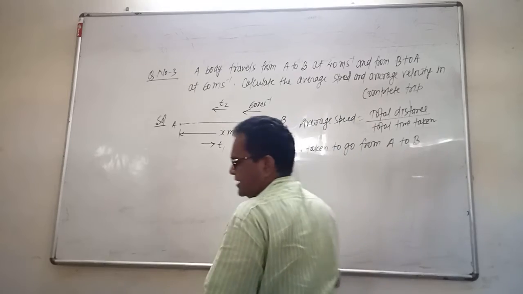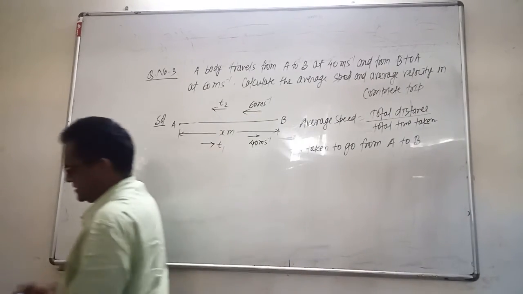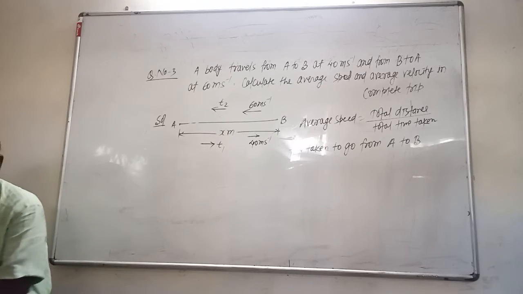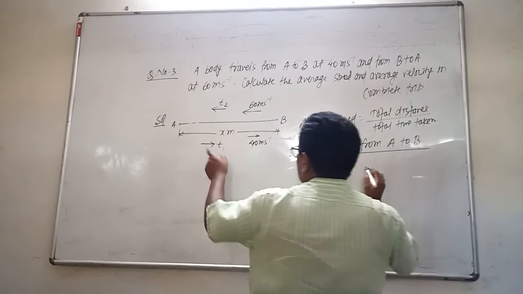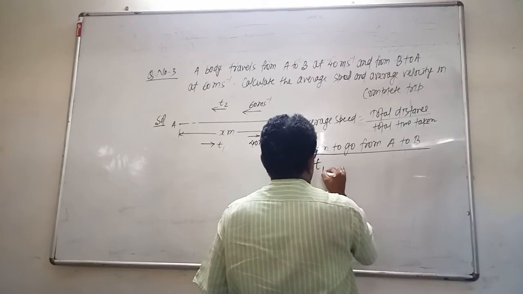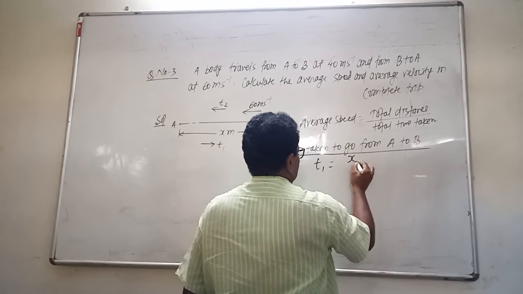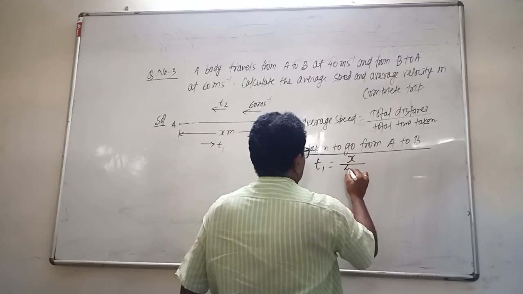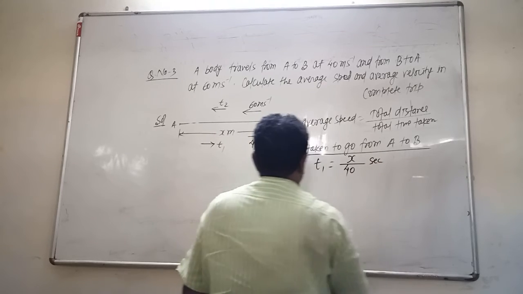Firstly, we will find this. We have supposed that T1 is the time for going from A to B. So time equals distance upon speed. It covers distance x and the speed is 40 meter per second. So this is x by 40 seconds.